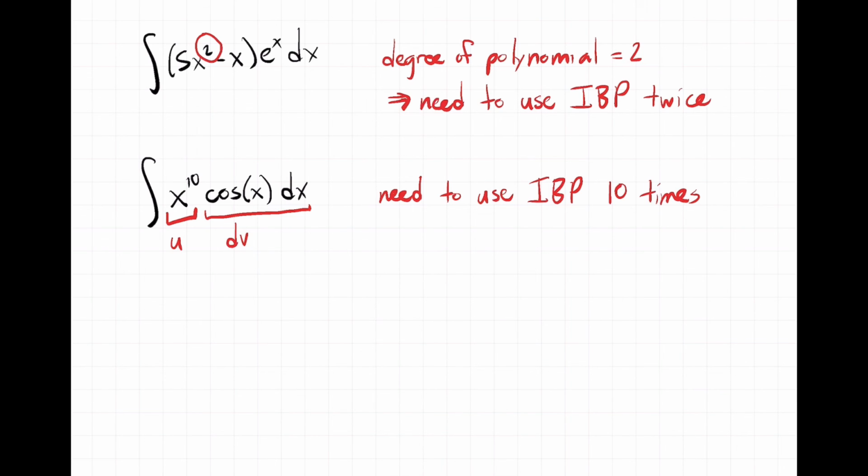Here's a tricky one. One of our integrals was x to the 30th power times the natural log of x dx. We already did an example a lot like this one. You might think, well, you're going to have to do integration by parts 30 times, right? But it turns out that for this one, it makes more sense to let the natural log of x be the u and everything else be the dv.